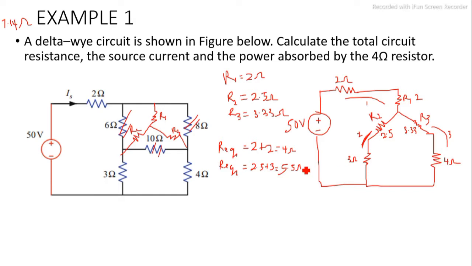Also for the third, this and this are in series. That means R equivalent 3 will be 3.33 plus 4, which is 7.33 ohms. So now let's redraw the circuit. Your 50 volts is still here. Then these two have been combined to 4 ohms.